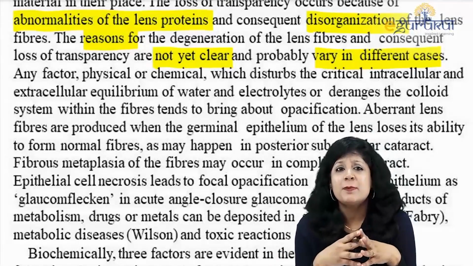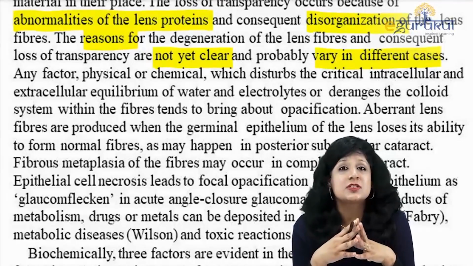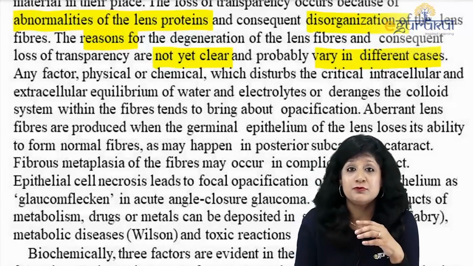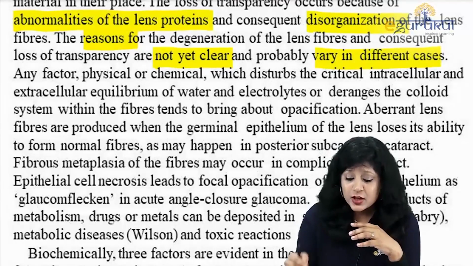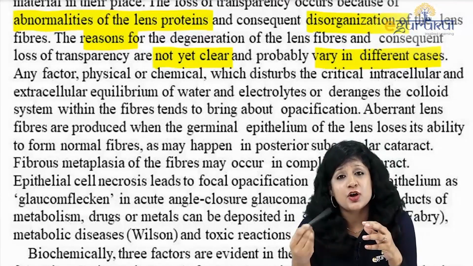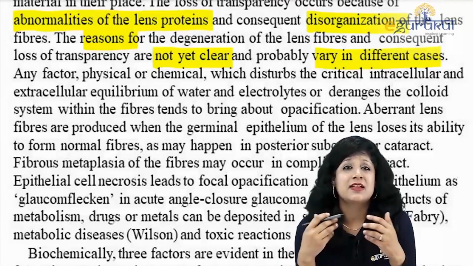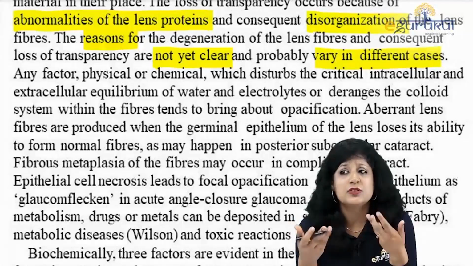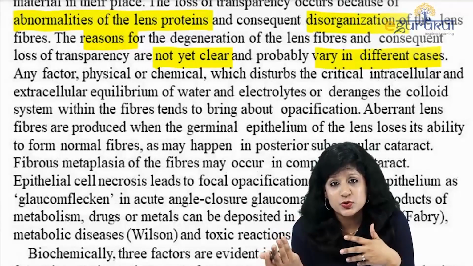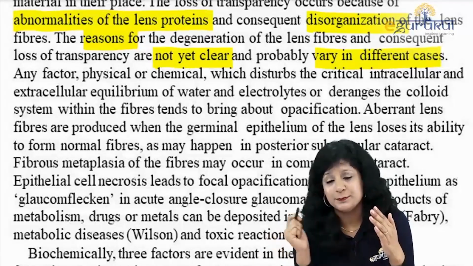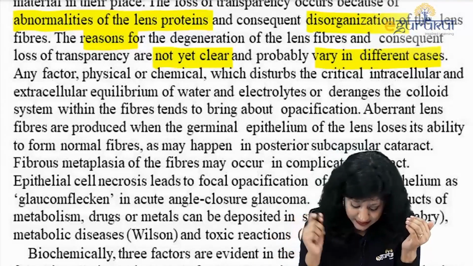Though we know many things about the etiopathogenesis of the cataract, we still do not know many things, and they have yet to be unfolded. Different kinds of cataracts do have different kinds of etiologies. The exact mechanism is not known, though in some cases we do know quite a few linking things which may be leading to the degeneration and disorganization of the lens fibers.